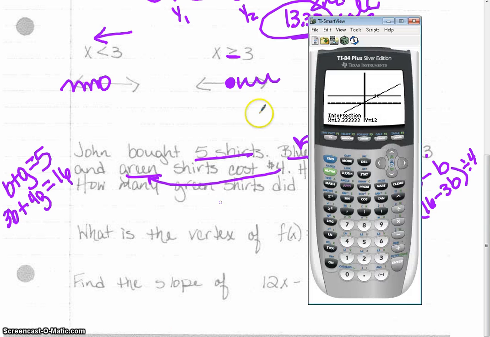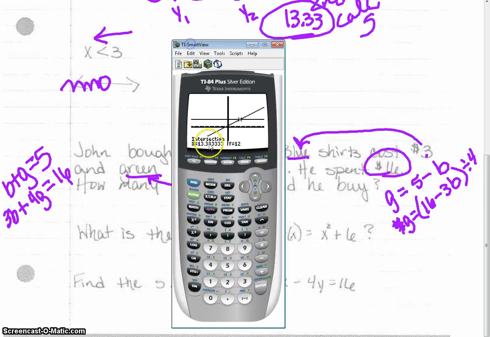You want to put this in your calculator at y1 and y2. So your first equation is 5 minus, we're going to use x. The second equation is open 16 minus 3x close divided by 4.